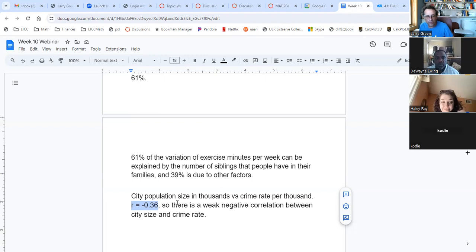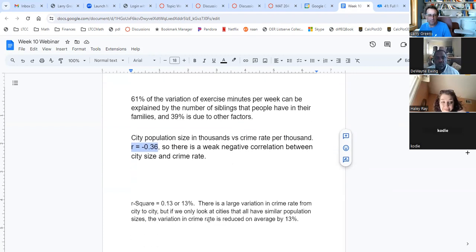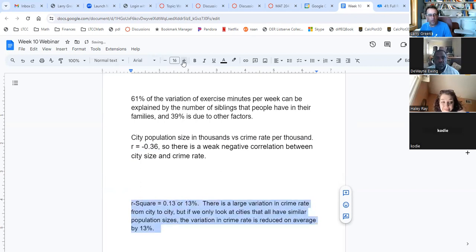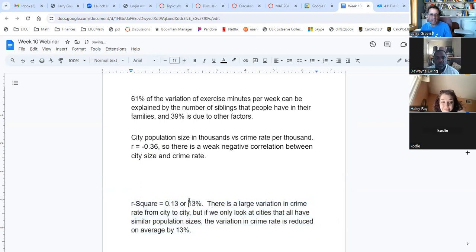Okay. So we can say negative 0.36 is pretty close to 0. So there's a weak negative correlation between city size and crime rate. Okay, if you square 0.36, you get 0.13 or 13%.